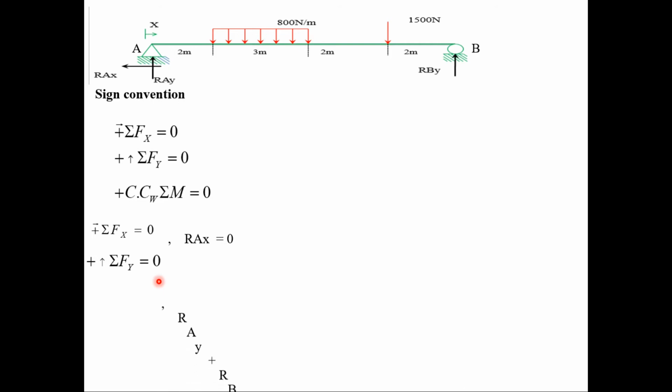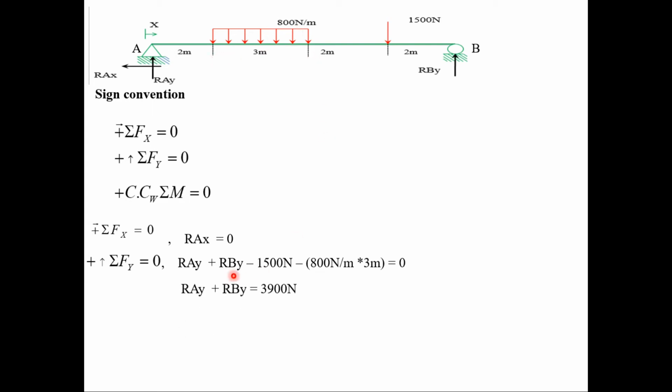RAY, which is the vertical upward reaction, plus RBY minus 1500 Newton minus a concentrated load. We will transform this uniformly distributed load into a concentrated load by multiplying 800 Newton per meter by its corresponding length 3 meters. So RAY plus RBY will be 3900 Newton.